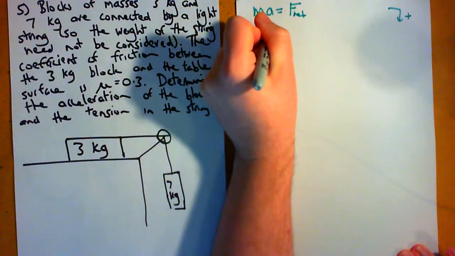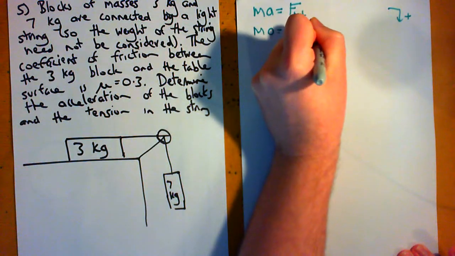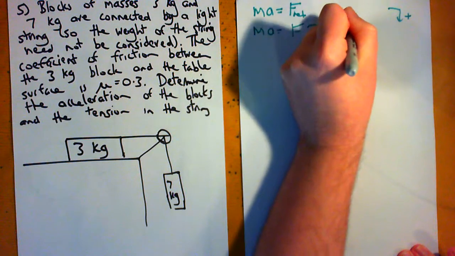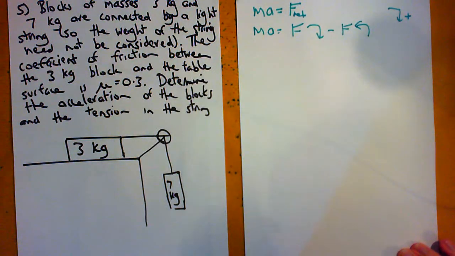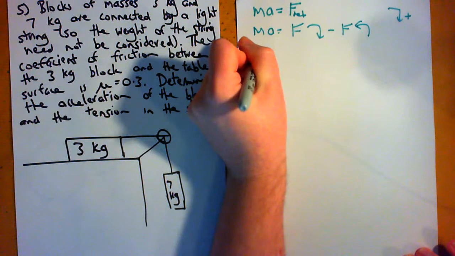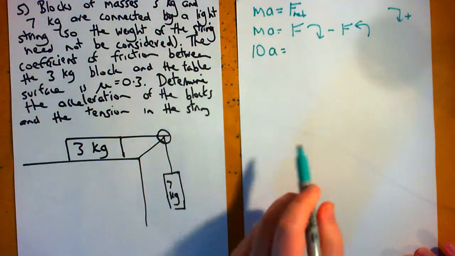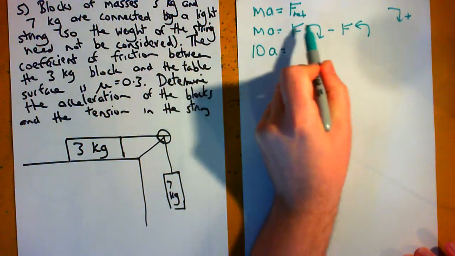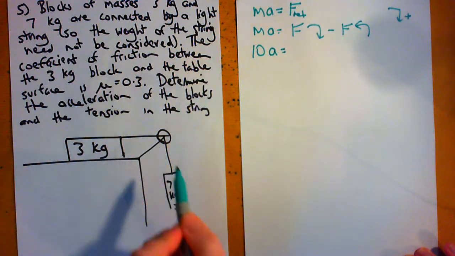So the mass times the acceleration is forces pulling off the table minus forces pulling back onto the table. The mass of the whole system, both blocks in combination, is 10 kilograms, equals what force is acting to pull the 3 kilogram mass off the table.